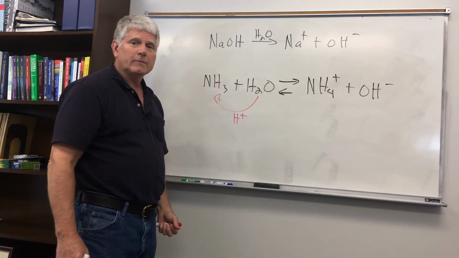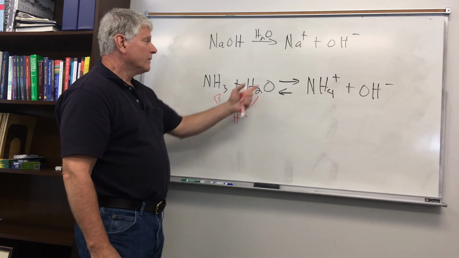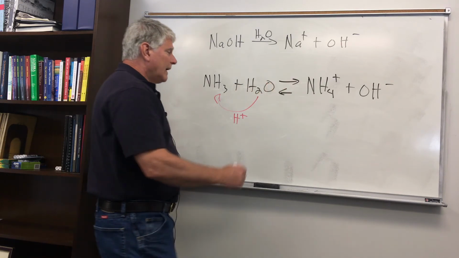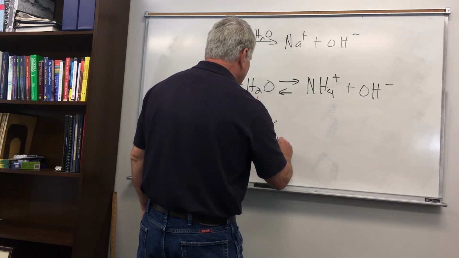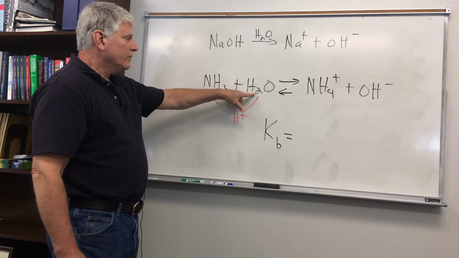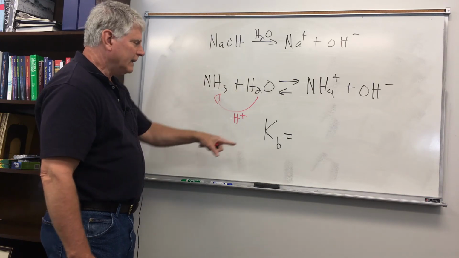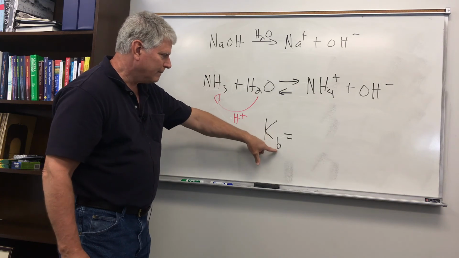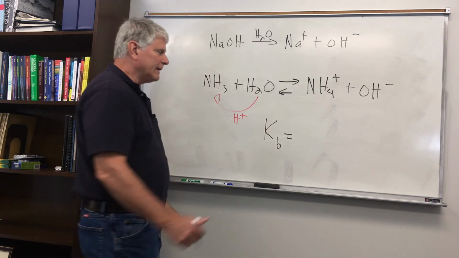This is a weak base, and so we have an equilibrium formed. So we have a forward and a reverse arrow, and we can write the equilibrium constant, and we're not going to include water, it's lumped in with K, and we'll call that product K times the concentration of water, Kb, so b stands for base.